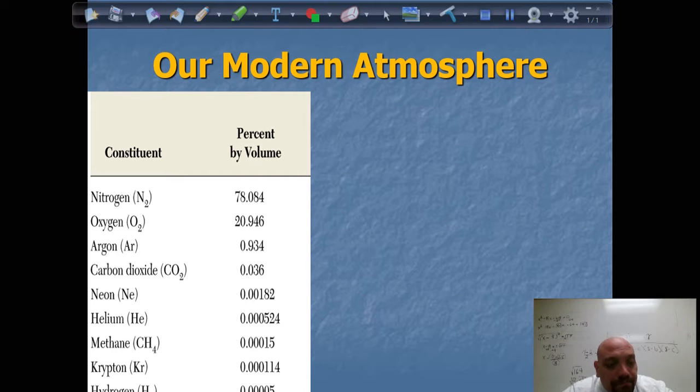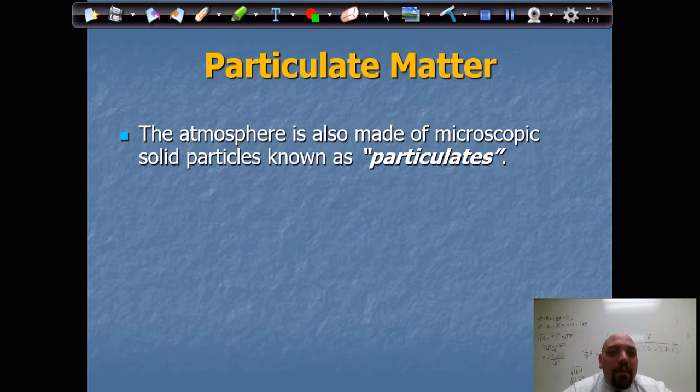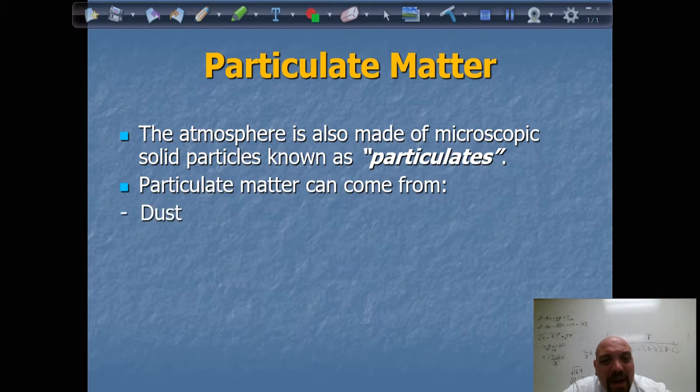All right, so we'll also talk a little bit about particulate matter. Particulates are particles, little microscopic things that float around in the air. And those are important because they actually form these little solid surfaces for water to condense on to actually form clouds and precipitation. So obviously that's really important in meteorology as well. So what can they come from?